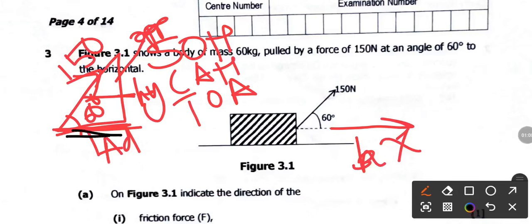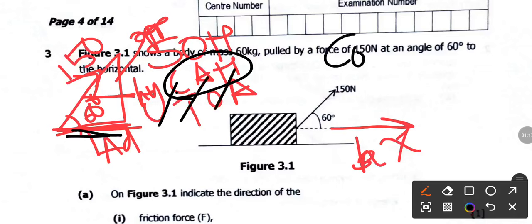So to find the value of the adjacent, we'll focus on this part here, the cos part. So we have cos, adjacent, and hypotenuse. So we have cos theta is equal to the adjacent over the hypotenuse.